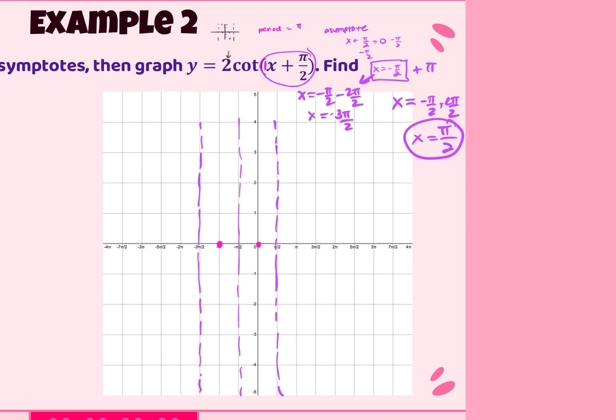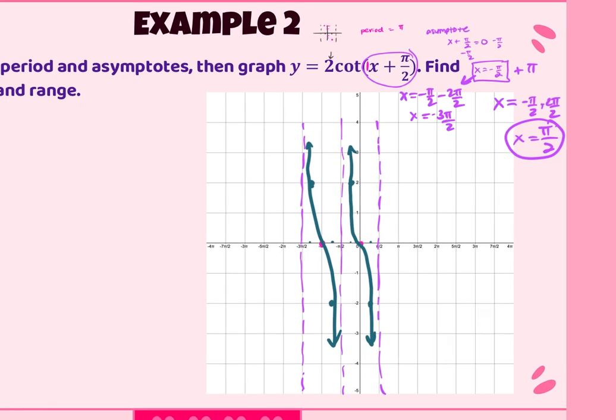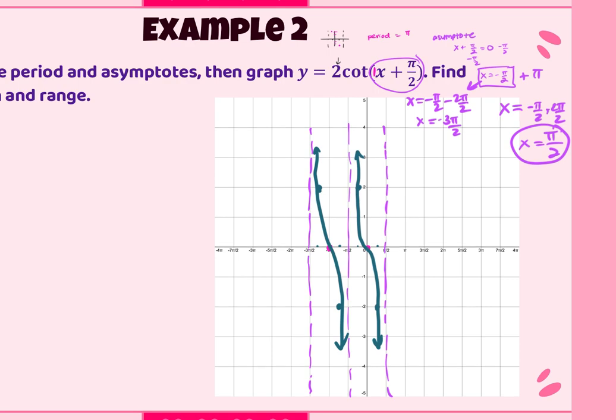I'm going to eyeball my quarter point and my 3/4 point. And on the left, I go up to 2. And on the right, I go down to negative 2. So that's 2 periods of my cotangent curve.